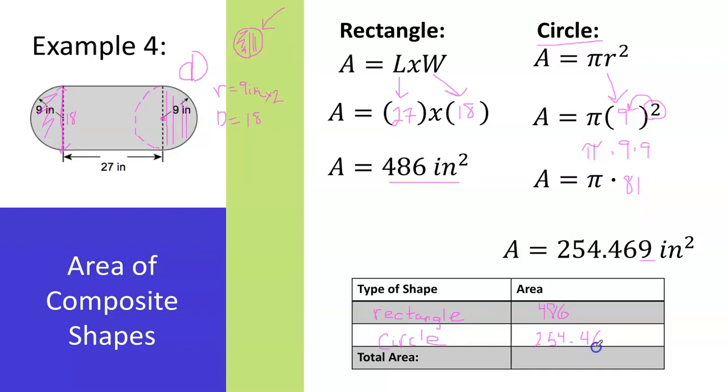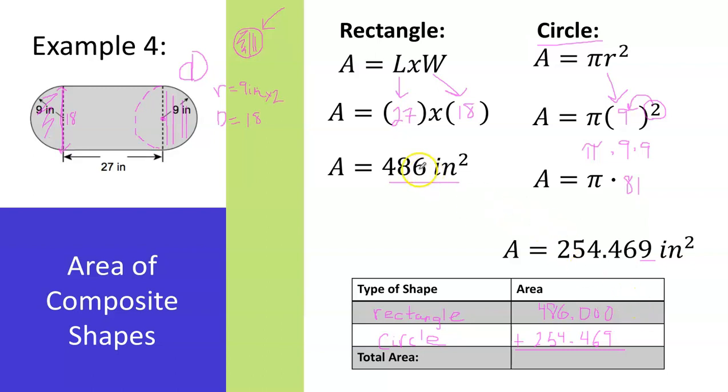254.469, and I'm going to line it up as if I were going to add these together without a calculator. If you're adding these without a calculator, you need to line up those decimals. Whenever you add or subtract with decimals, you have to line up the decimals. So I type into my calculator 486 plus 254.469.